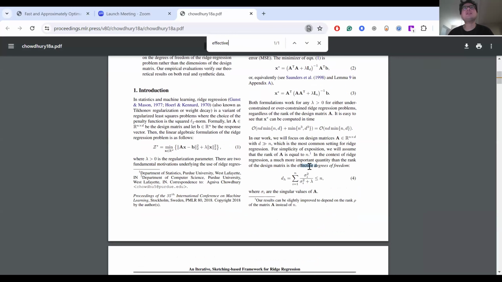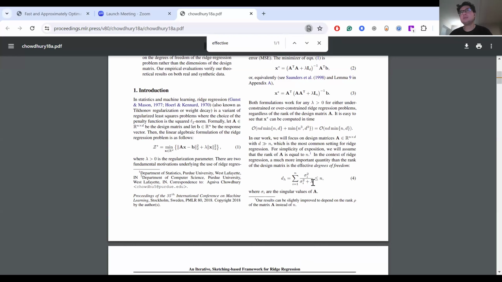I don't know why they call it effective degrees of freedom. But essentially, when you do ridge leverage score sampling, the sum of leverage scores in general is equal to the rank of the matrix. But when you do ridge leverage score sampling, that goes down, it would be smaller than the rank.